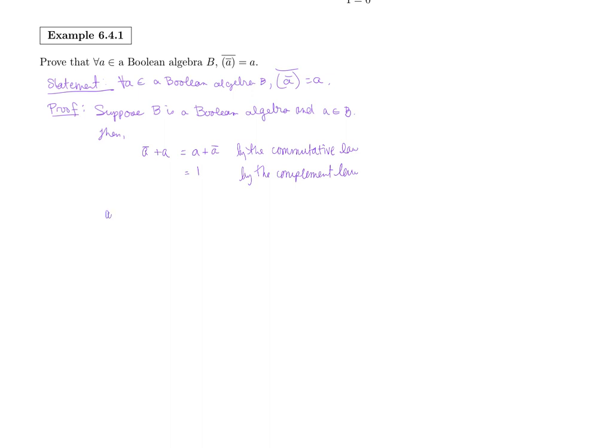And we can also see that A complement times A is the same as A times A complement, which is 0. And the first is given by the commutative law again. And the second is again given by the complement law.